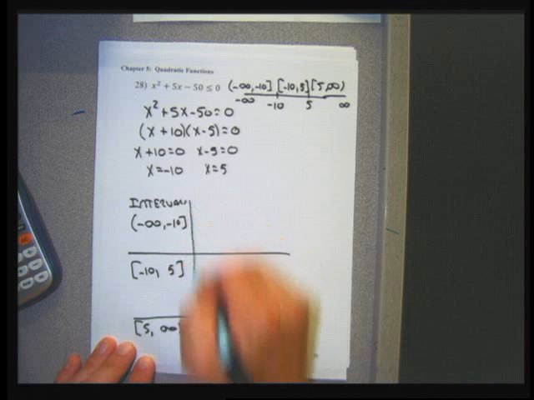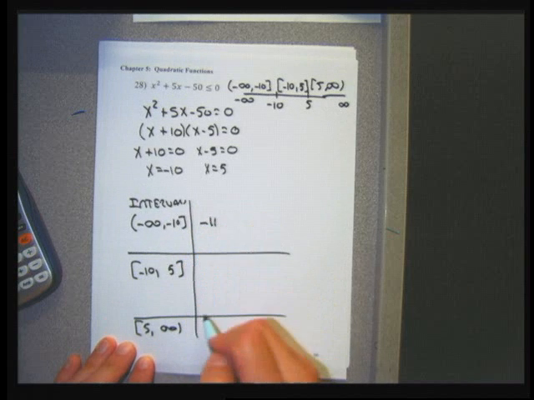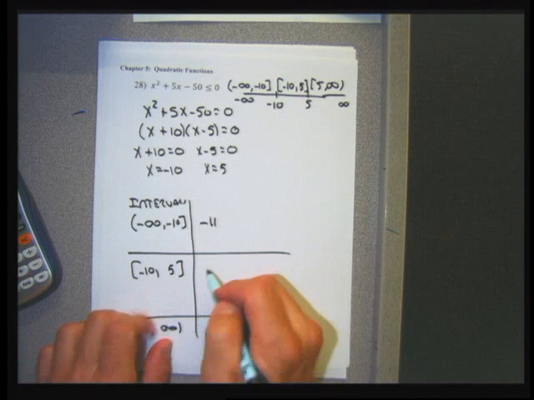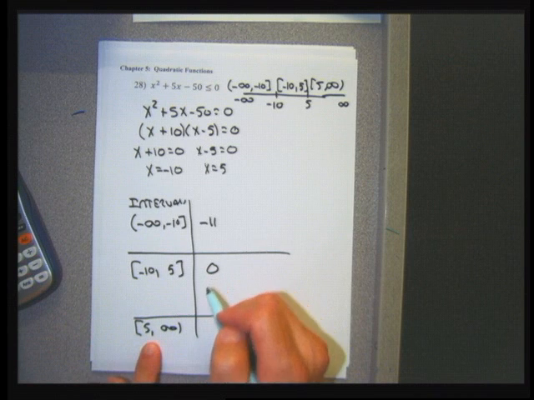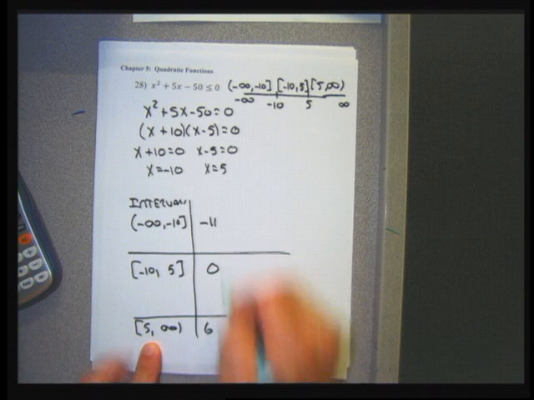First one I'm going to check x equal to negative 11. Second one goes from negative to positive, that's why I check my 0. The last one I'm going to check 6.